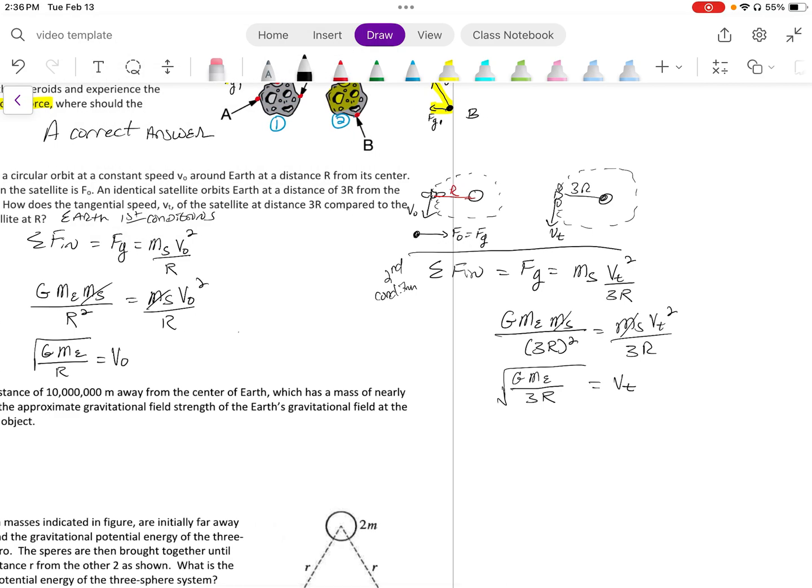V_T is the square root of big G M_E over 3R divided by the square root of big G M_E over R. And that will equal, this cancels, R cancels, and I'm left with 1 over the square root of 3.